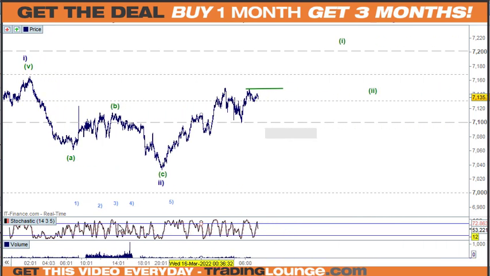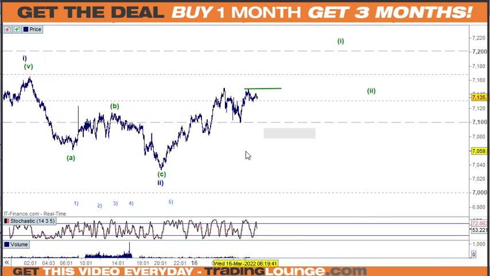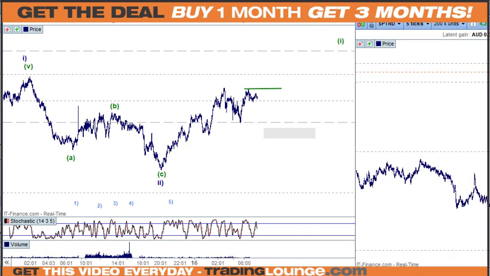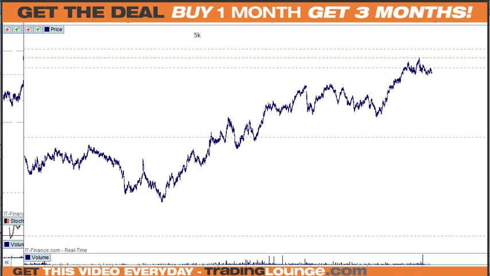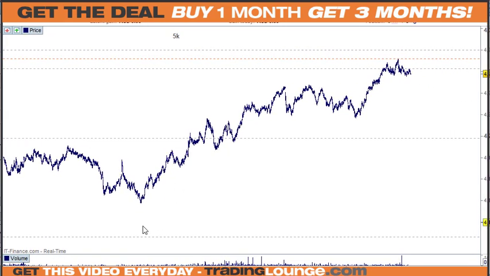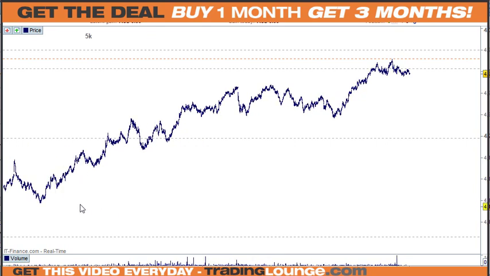This little move here, there's parts of it I can see, but I just really want to show you the S&P 500 on a 5-tick chart with a move up overnight. So if you've got a bit of a keen eye, we've got 1, 2, 3, 4, 5 for 1 and 2 here, 1, 2, 3, 4, 5, the third wave, fourth wave, and fifth wave to here or here with an expanded flat coming back this way.